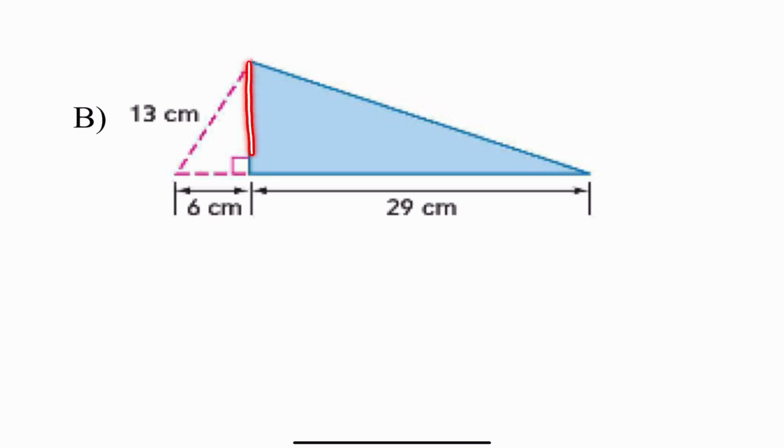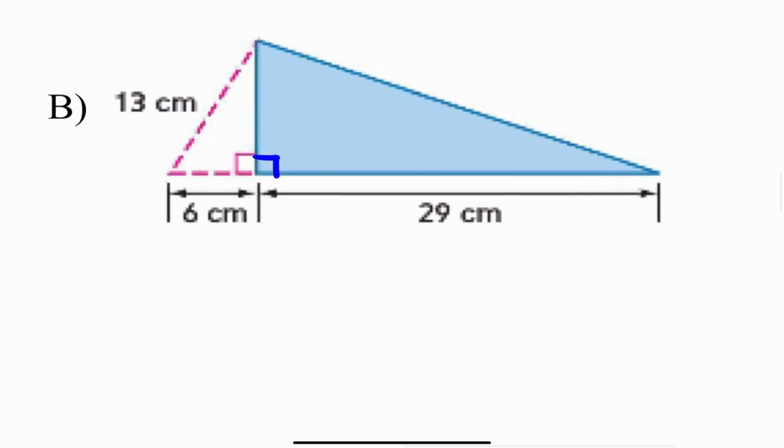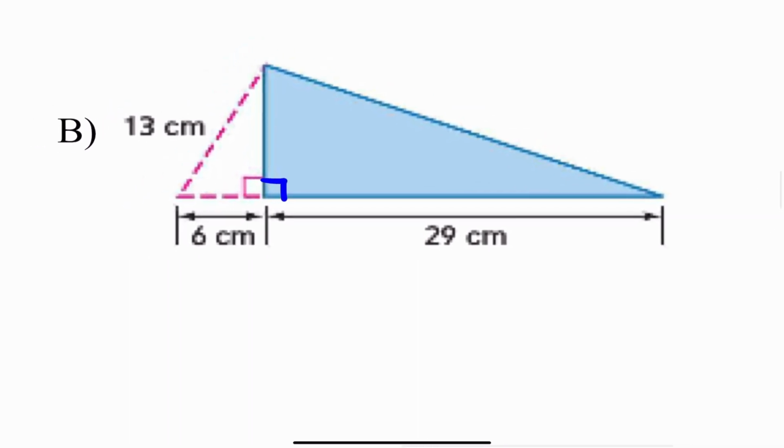Because, y'all, if this segment here is perpendicular to this segment, if this is 90, this has to be 90. Okay? So, what I'm trying to see here is that I need to work with this small right triangle first. So, if I can figure out the side length here, given that I have two side lengths, I can figure out what this is using the Pythagorean theorem.